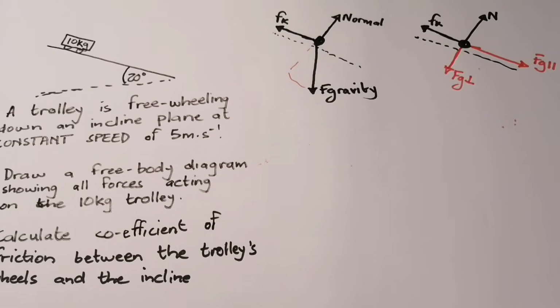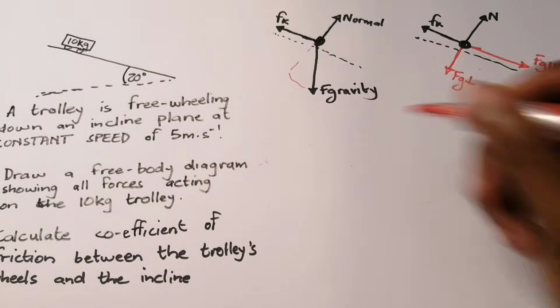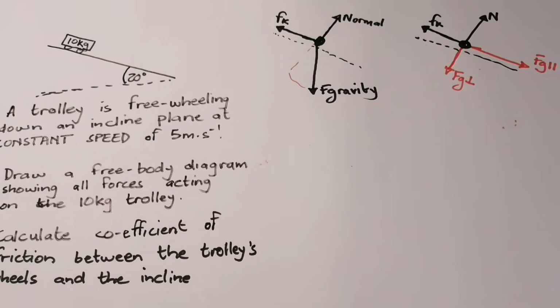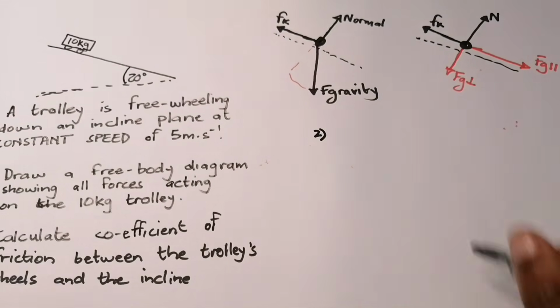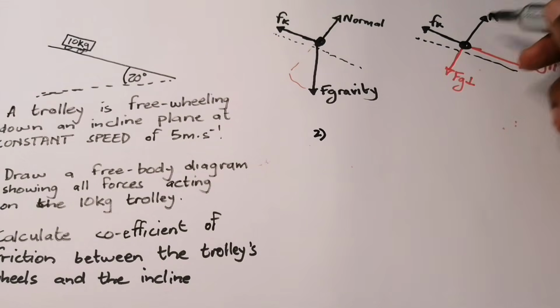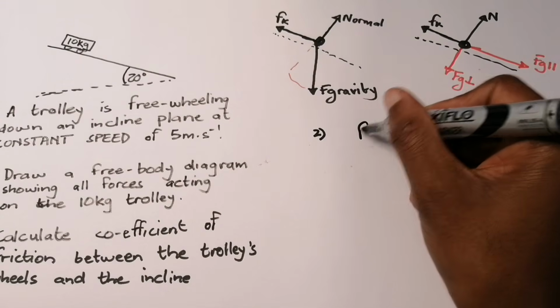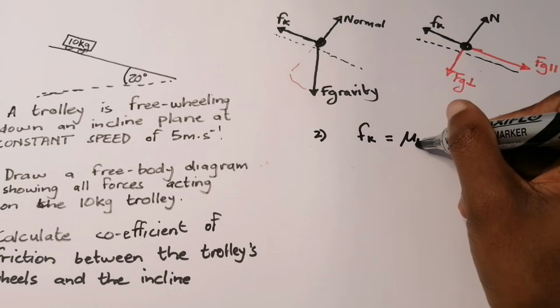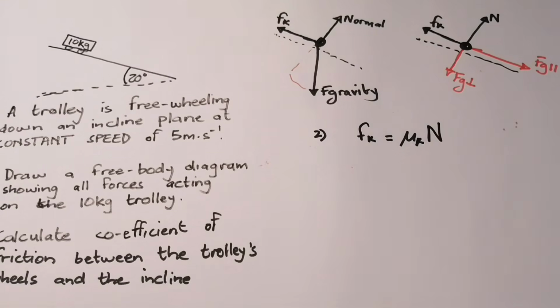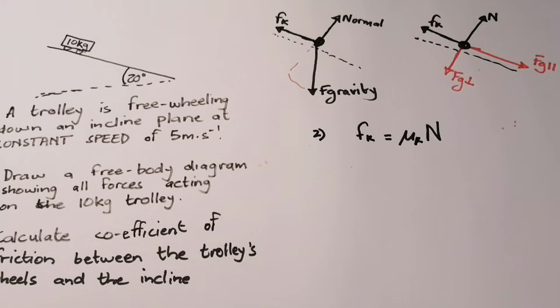Right, so now they want to find the coefficient of friction. In answering that question, let me take the black marker. Right now we're answering the second question, the coefficient of friction. So I know that frictional force would be equal to the coefficient multiplied by the normal force. Now, ladies and gents, let's try and find those two components of ours first.